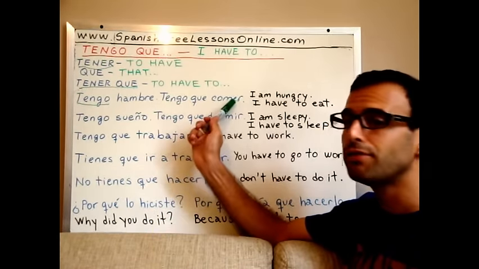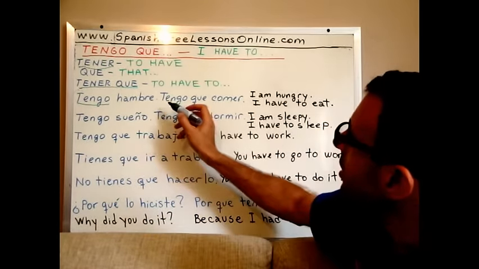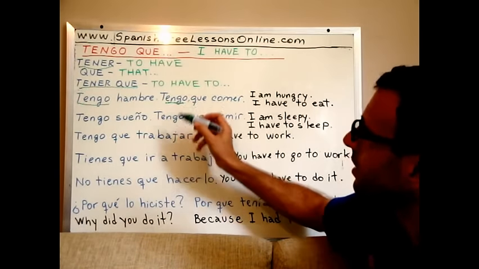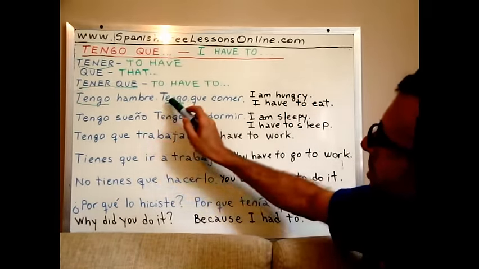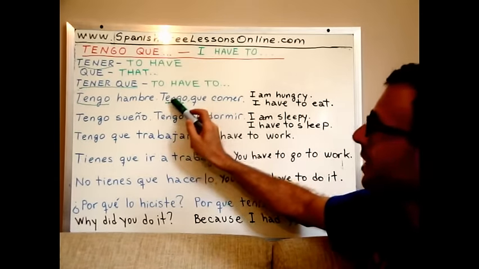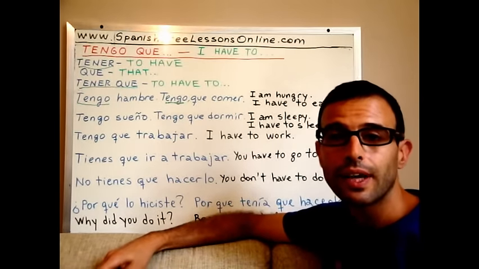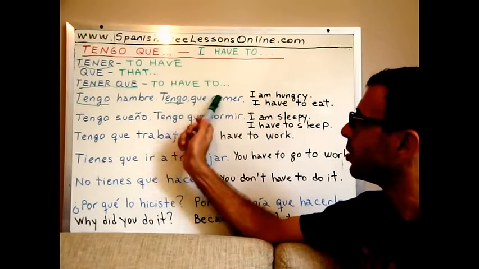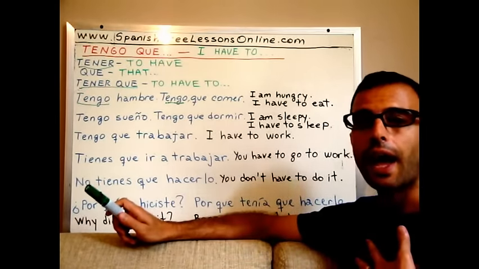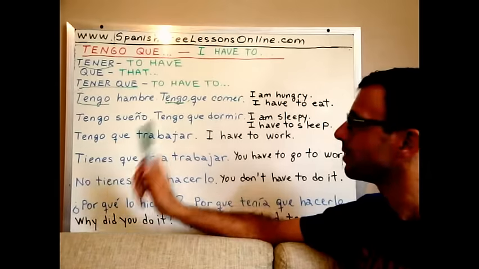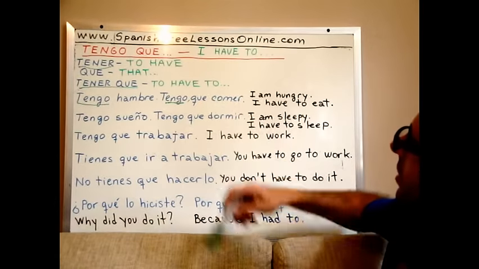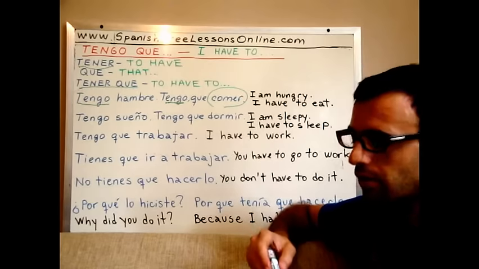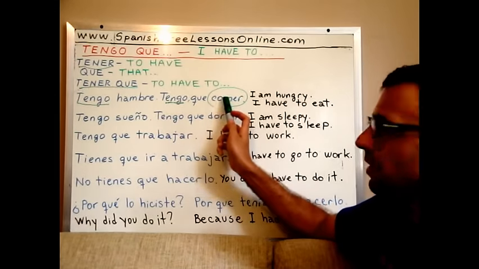Why is the verb in infinitive? Because the conjugation already is here, right? Tengo means verb to have, conjugated in present tense for the first person, for I, right? So, tengo que comer means I have to eat, right? So, therefore, the verb to eat, comer, doesn't need to be conjugated. It's just in infinitive, right?